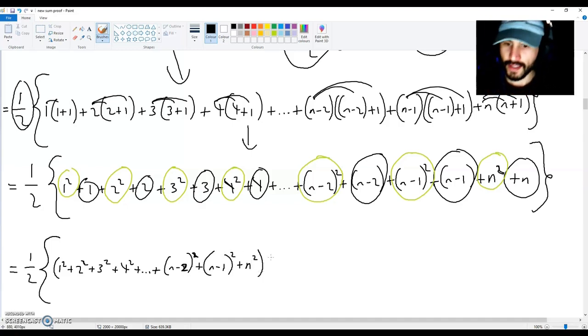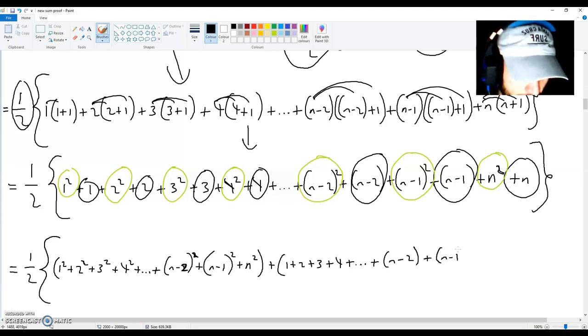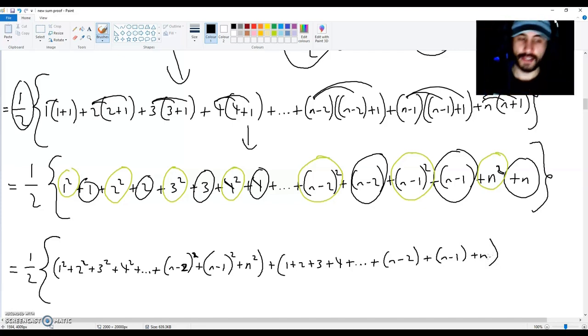These are going to be put in small brackets, and then next to this we are going to have 1 plus 2 plus 3 plus 4 plus, and so on, n-2 plus n-1 plus n, in small brackets.